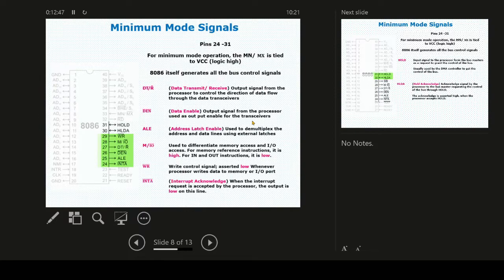If IO/M is 1, read is 0 and write is 1, then the memory read action happens. If IO/M is 1, read is 1 and write is 0, then the memory write operation will be done. If IO/M and read are both 0 and write is 1, then the input output will read. And if IO/M is 0, read is 1 and write is 0, then the input output will write.